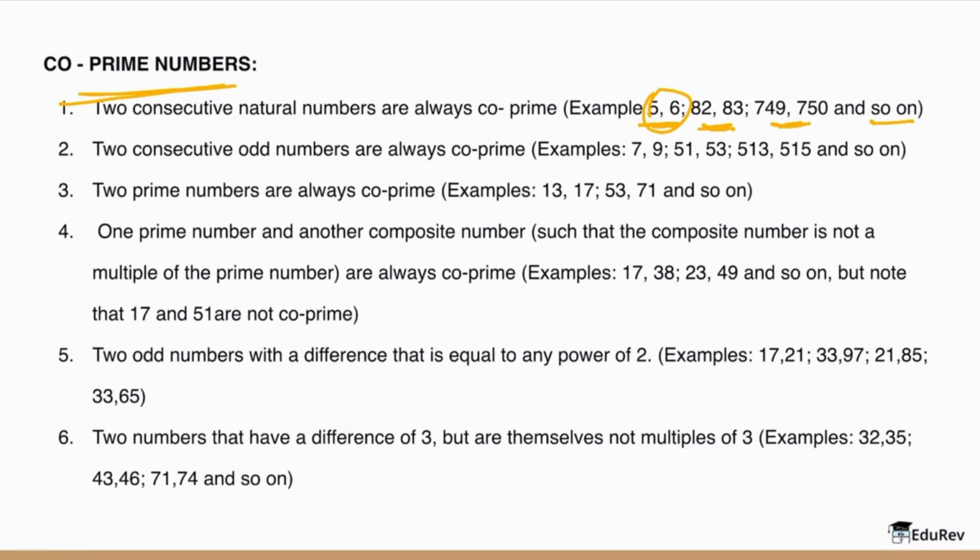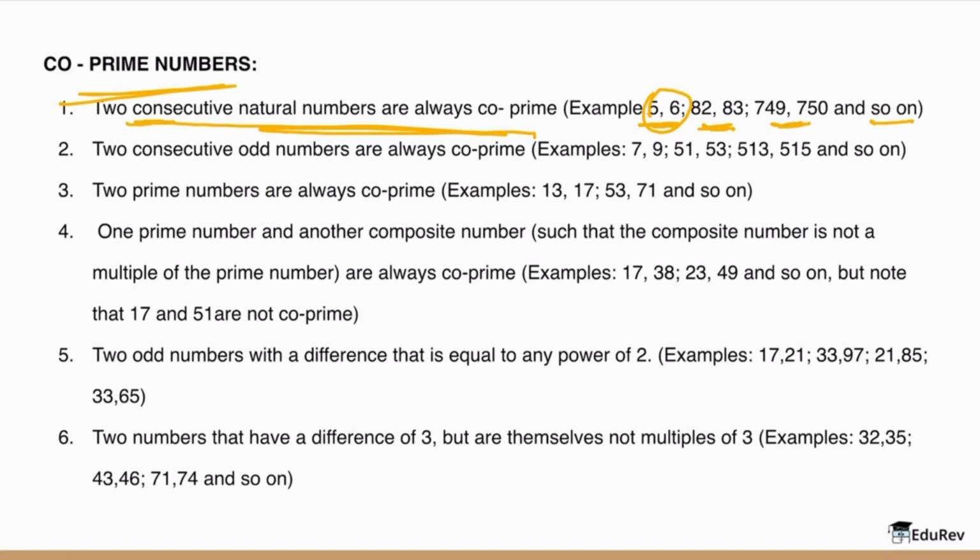Co-prime numbers are pairs of numbers that do not have any common factor other than 1. That is why this property arises, that two consecutive natural numbers are always co-prime, because they do not have any factor other than 1.